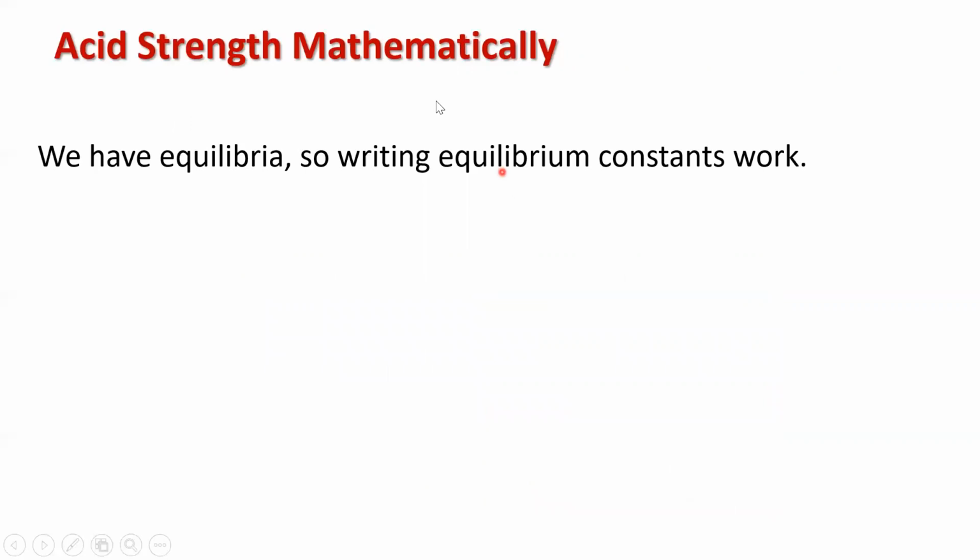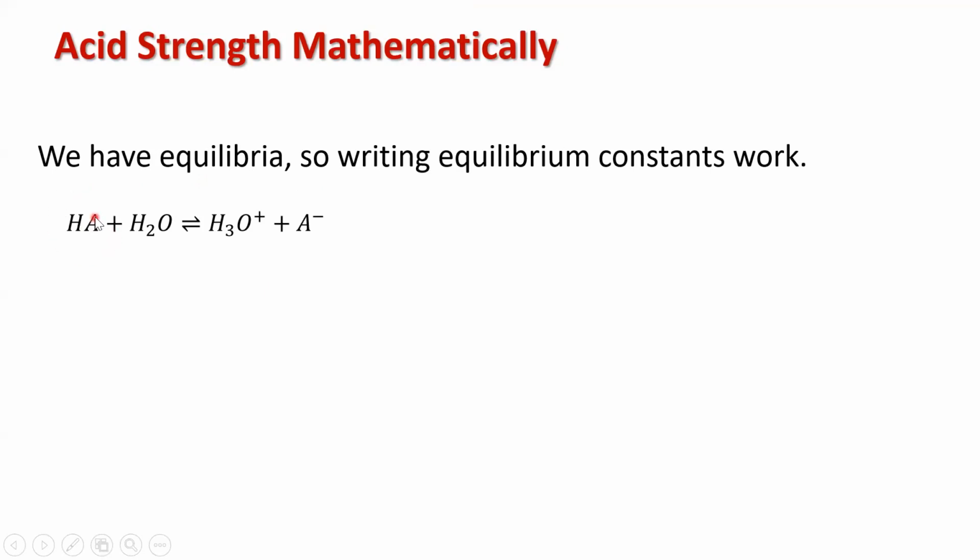So when we look at weak acids, we're going to have an equilibrium that's going to be established, so we can write equilibrium expressions. We'll have equilibrium constants, and we can work with problems just like we can any other type of equilibrium. So here's a generic reaction. We have our acid, HA.